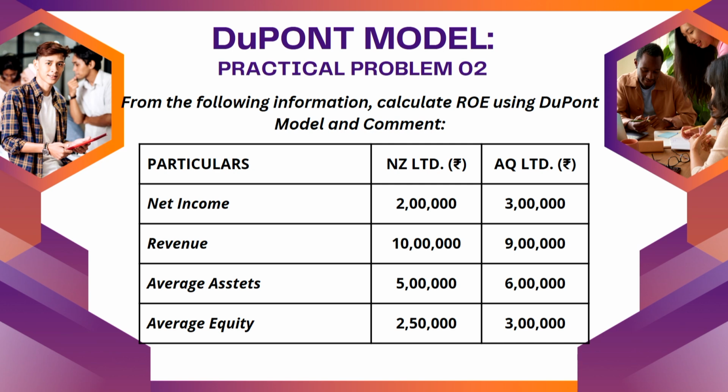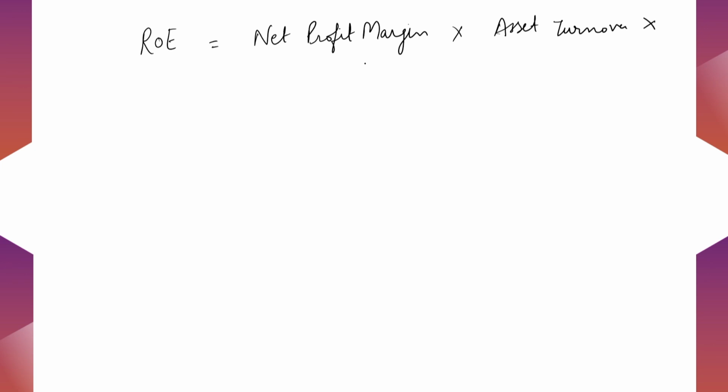So going with the question, again using all the three components, the ROE is equal to net profit margin multiplied by asset turnover multiplied by equity multiplier.